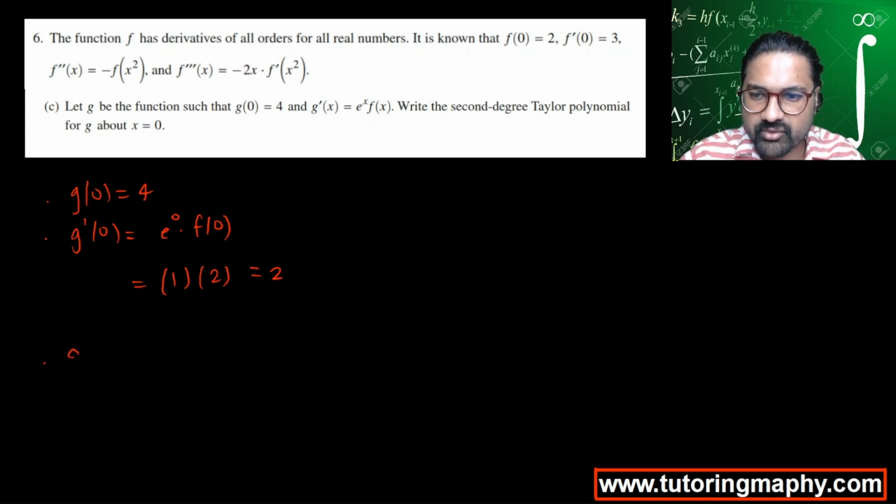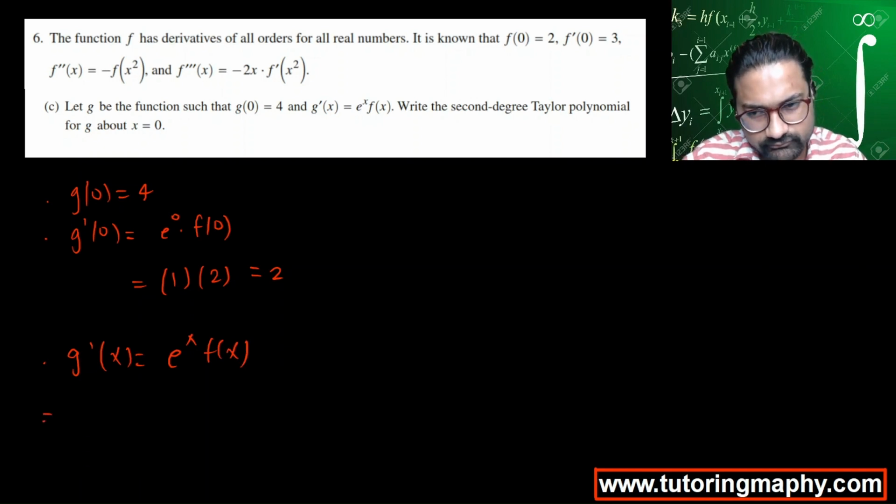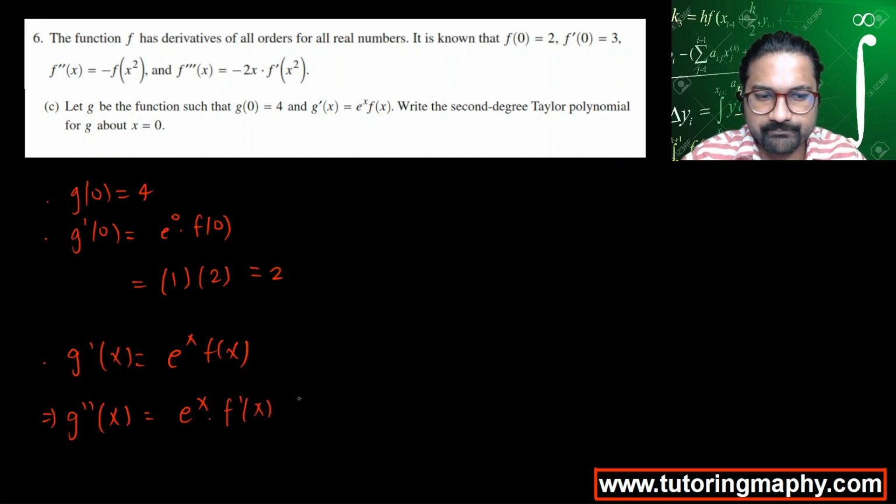And to find g double prime, we are going to just take the derivative once again of e raised to x times f of x. So g double prime is going to be product rule, right? So e raised to x as it is, times the derivative of f, which is f prime, plus f as it is, times the derivative of e raised to x, which is e raised to x.